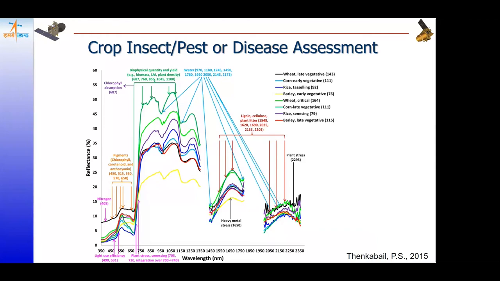In the case of water, there are specific water absorption bands, as also mentioned in the same figure, so using that information we can define the water absorption bands. Then for various leaf or plant pigments and constituent components like lignin and cellulose, we can define this information using the particular wavelengths.